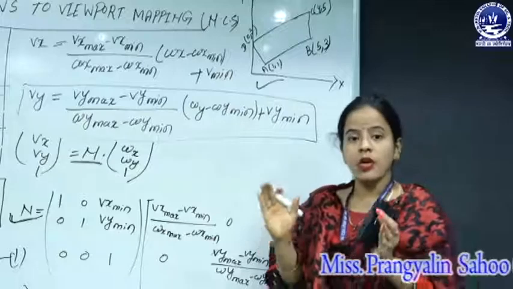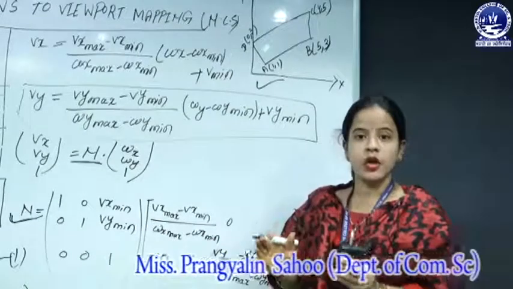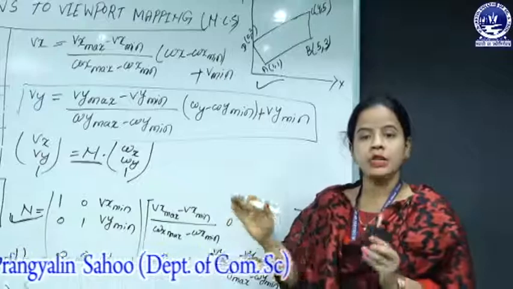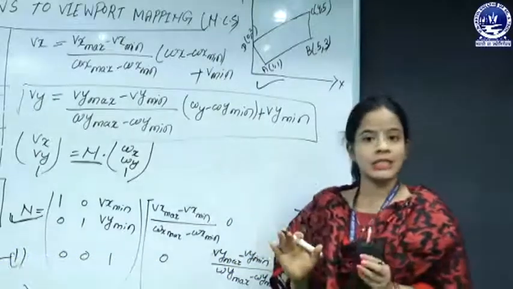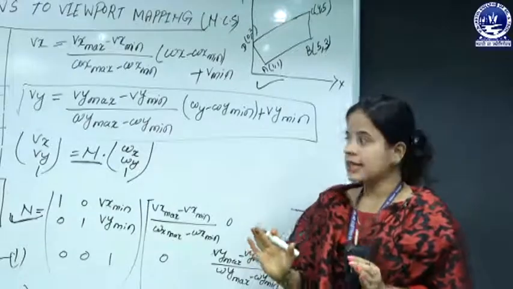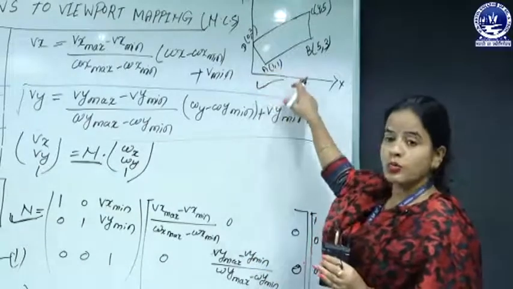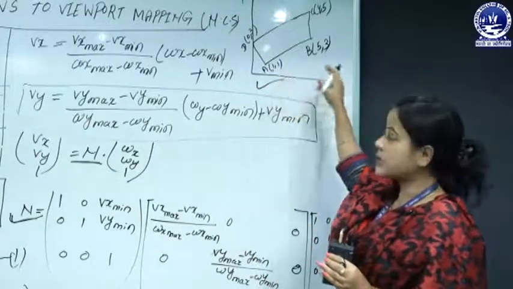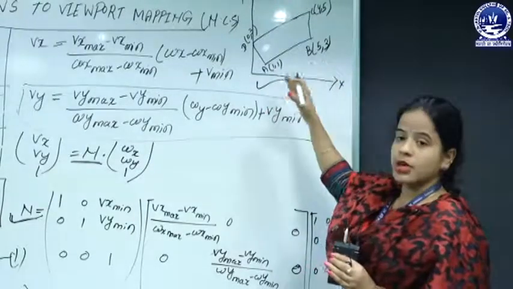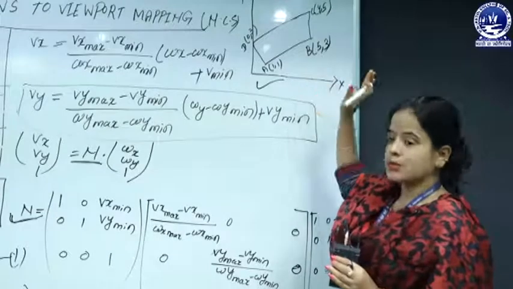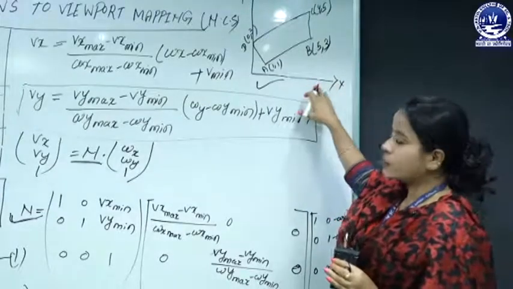As we know, whenever we view any type of picture in 2D planes, the world coordinate system and also the view coordinate system will consist of 4 pixel points. Clear? One is Wx minimum and Wx maximum, and another is Wy minimum and Wy maximum. So here it provides 4 coordinates.